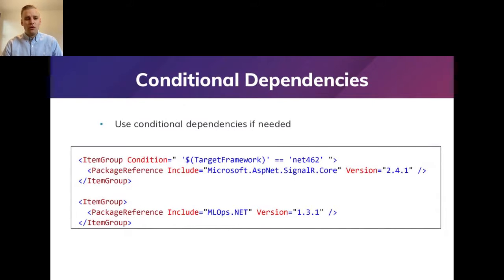But if you go ahead and do multi-framework targeting, what you also want to do here is conditional dependencies. There may be some packages that you actually don't want to include as part of your builds. For example, we did not want to include something like SignalR, the old package, so we just toggled it off. We basically said, hey, if you are compiling against 4.7.2, go ahead and include this, but otherwise just don't worry about it.